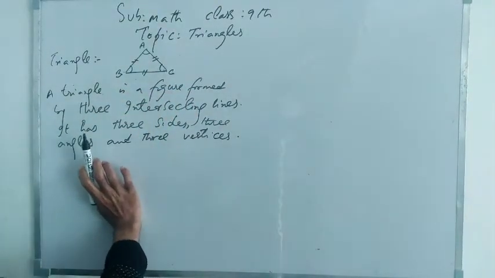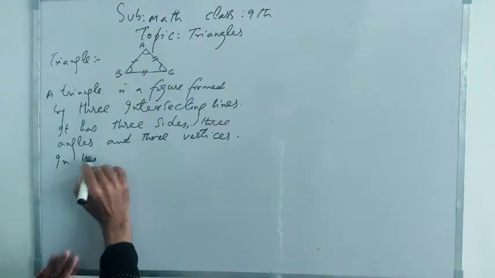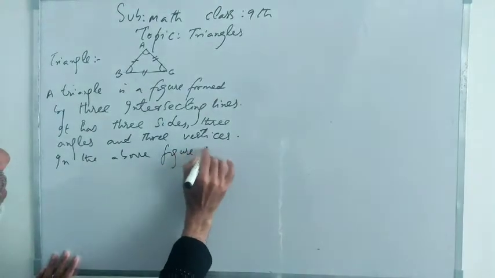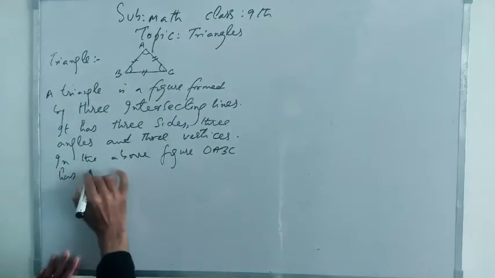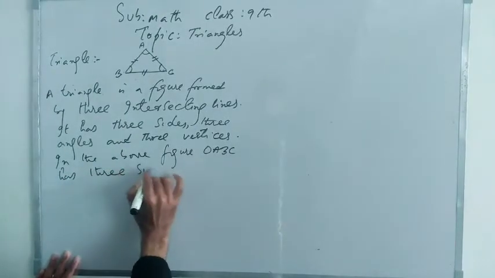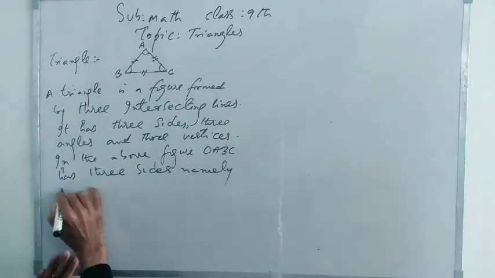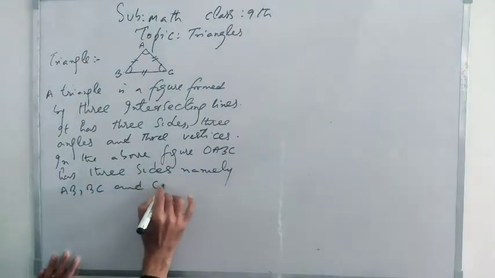These are called vertices. In the above figure, triangle ABC has three sides, namely AB, BC and CA.